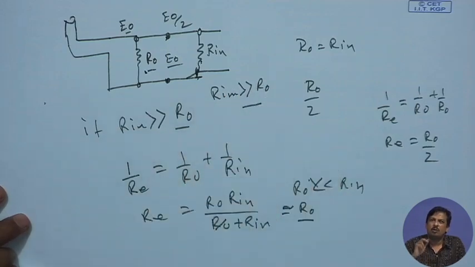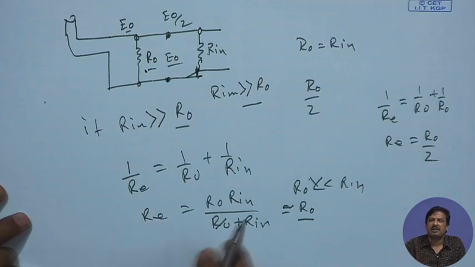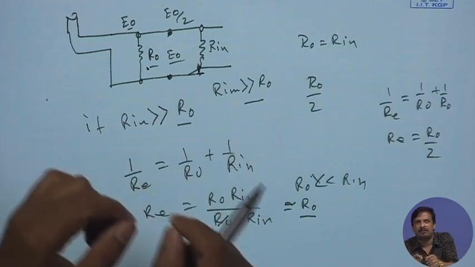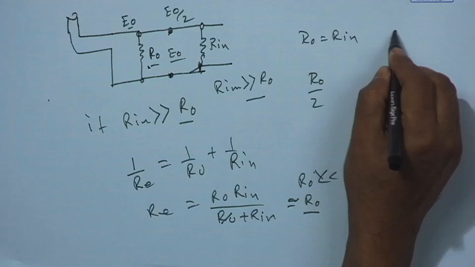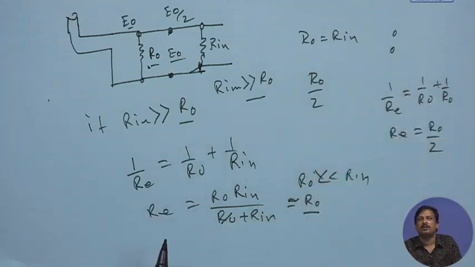When I measure the sensitivity, once I load it, the voltage is dropped. So, I measure the voltage using a microvoltmeter, and its input resistance should be sufficiently large so that once I connect the microvoltmeter, the developed voltage is not dropped.